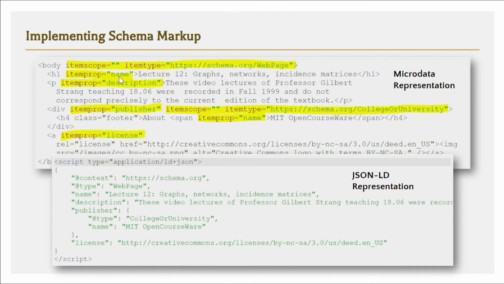Web page has name, web page has description, web page is being published by someone, and web page might have a certain license. These are the properties it could contain, and you are mapping each of these properties to your HTML tags. So what is the name? You have mapped it to an HTML tag so that Googlebot can understand that this is the name of this web page and this is the description of this web page. So this is one way of representing, which is called microdata representation.